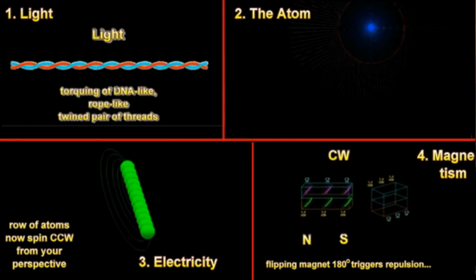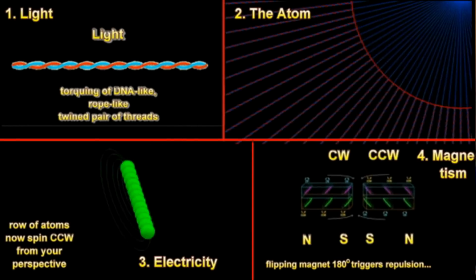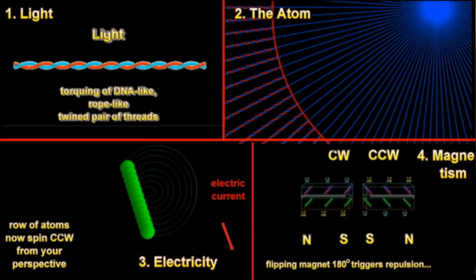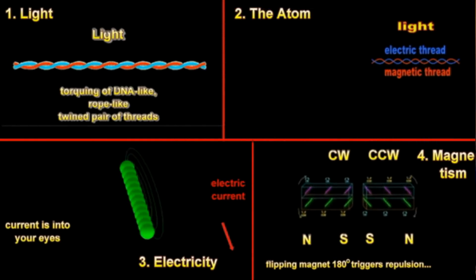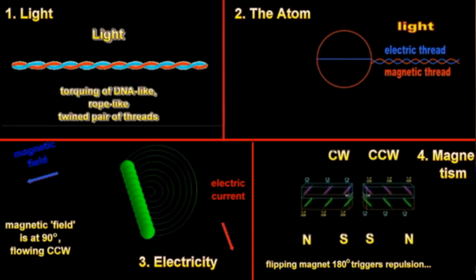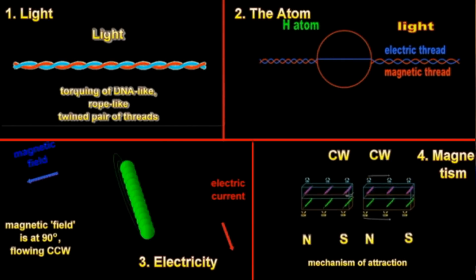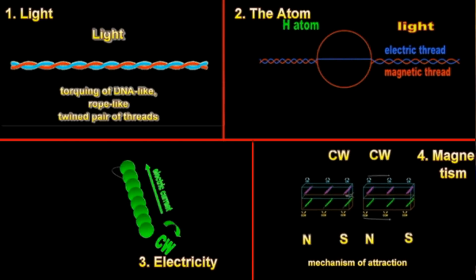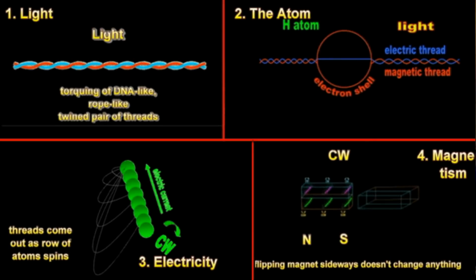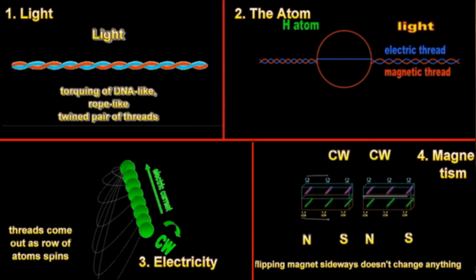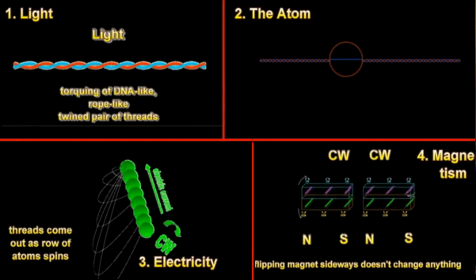Number 2 there, it's the atom, and it's built with these same ropes. One thread goes to the center of the atom and builds what we call the proton. The other thread curves around and forms the electron shell. So essentially, an atom is a little sea urchin encapsulated by a balloon.